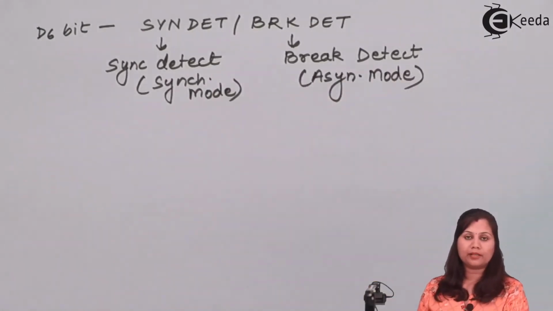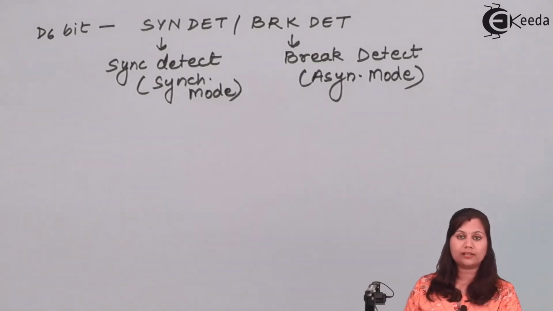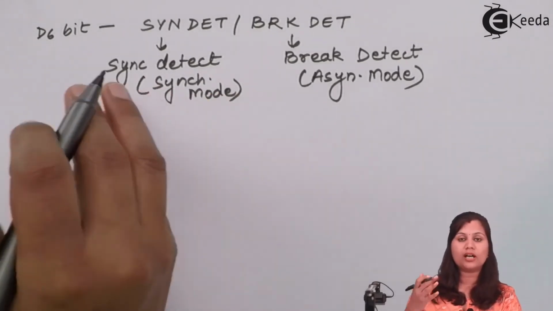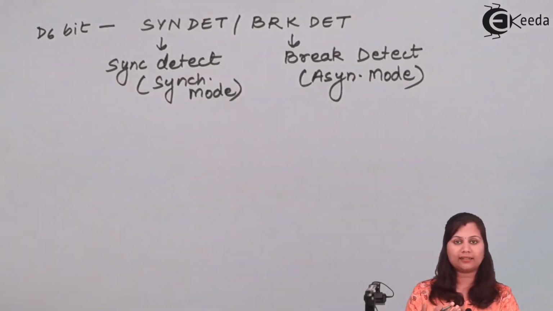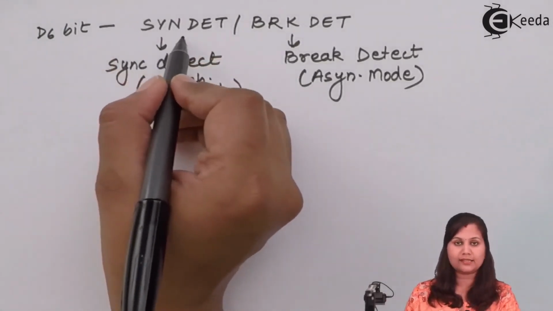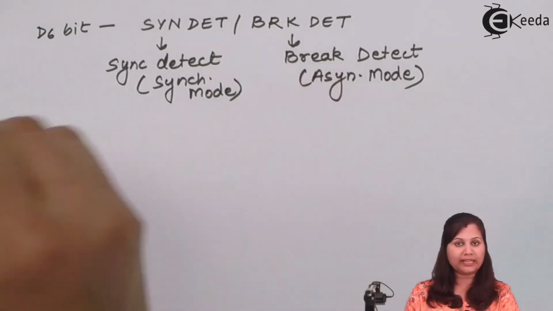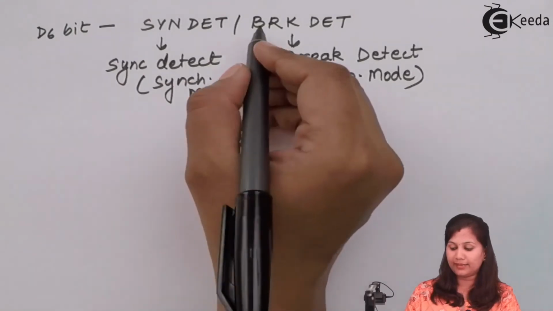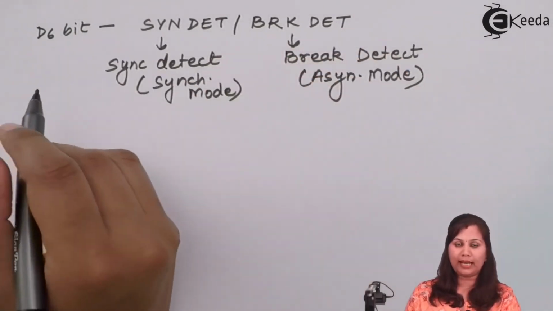When the 8251 is working in synchronous mode, along with the data, sync characters are also transmitted. So when sync characters are detected, this sync detect is high, and when break characters are detected in the case of asynchronous mode, then this break detect will be active.